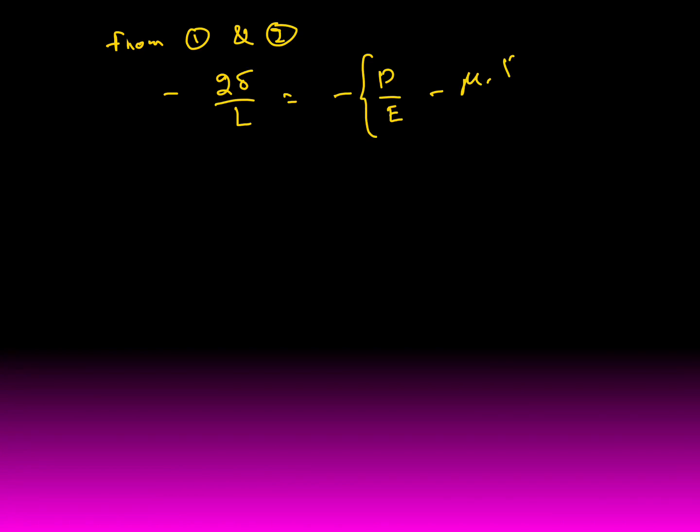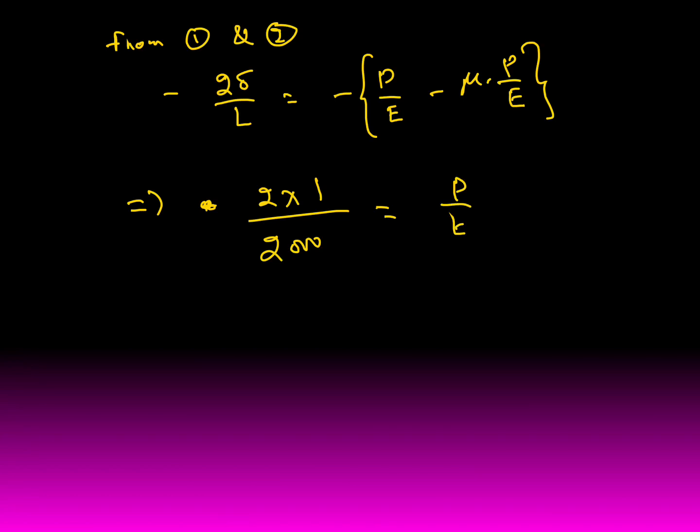Minus you can cancel. 2 into delta, 2 into 0.001, divided by length, 2. Minus already cancel. P by E you can take common, 1 minus mu. Then P and E value put. It's 2 by 2000.